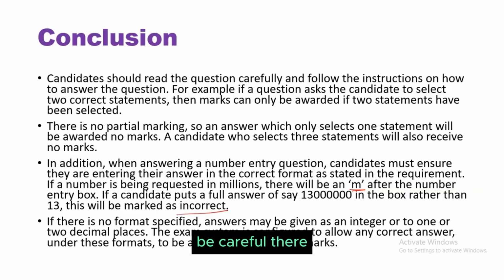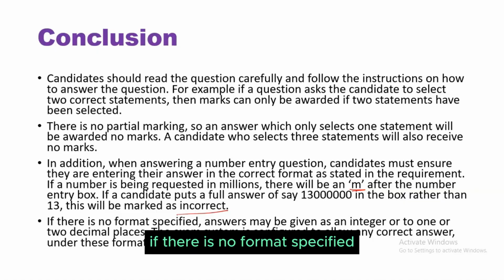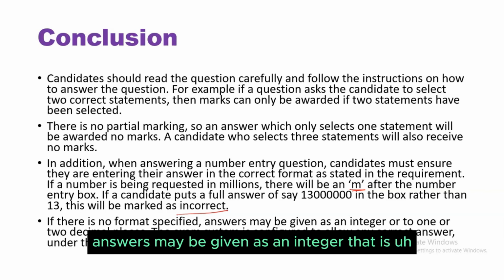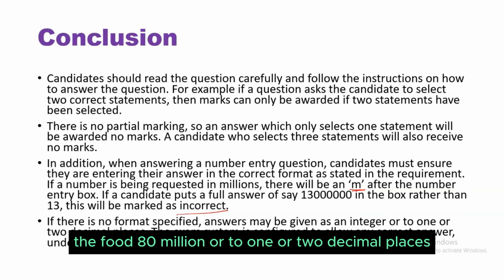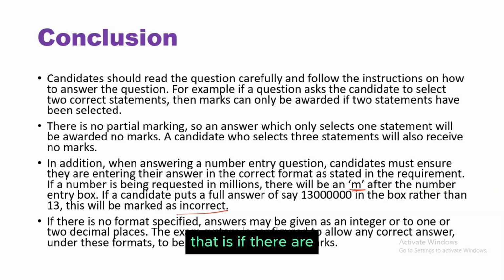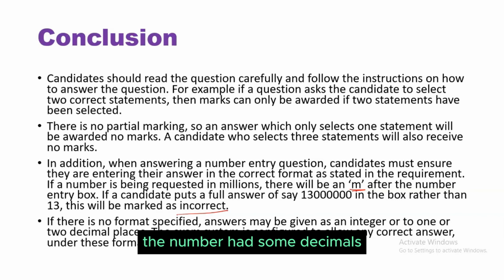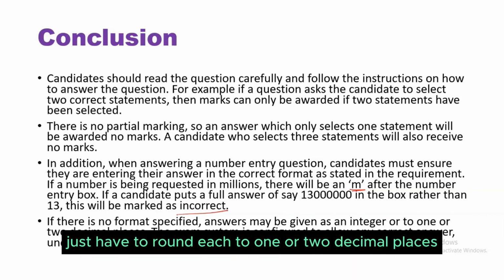Be careful there. If there is no format specified, answers may be given as an integer, that is the full 13 million, or to 1 or 2 decimal places, that is if the number had some decimals. Just have to round it to 1 or 2 decimal places.